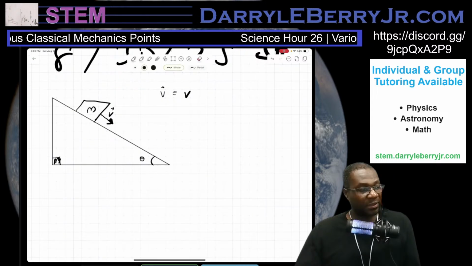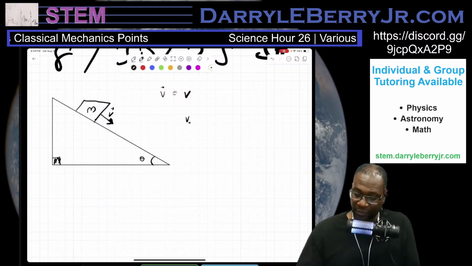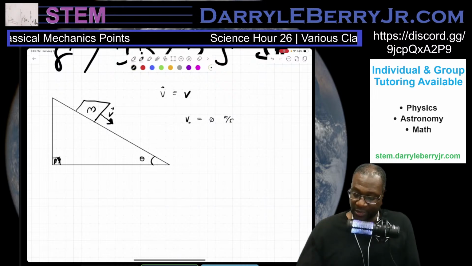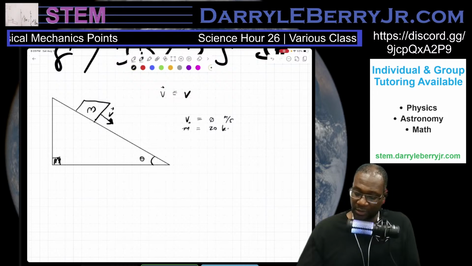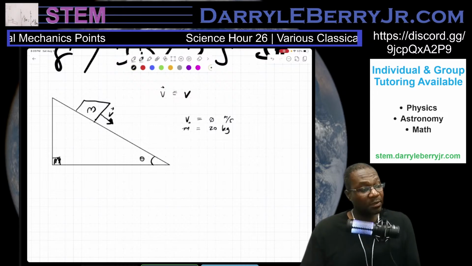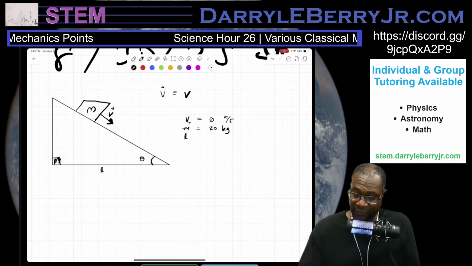So let us see that the initial velocity, V naught, is 0 meters per second. Let's say that the mass is 20 kilograms, that's standard SI units. Let's say the length at the bottom here of the box is 10 meters.